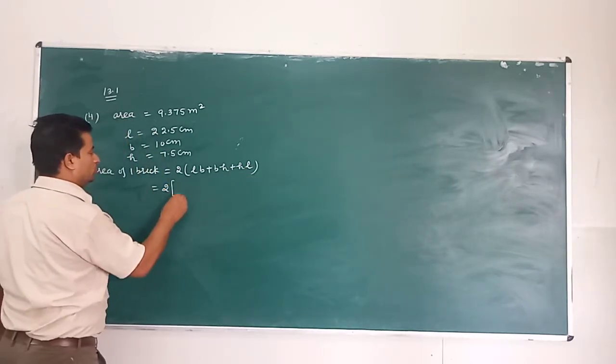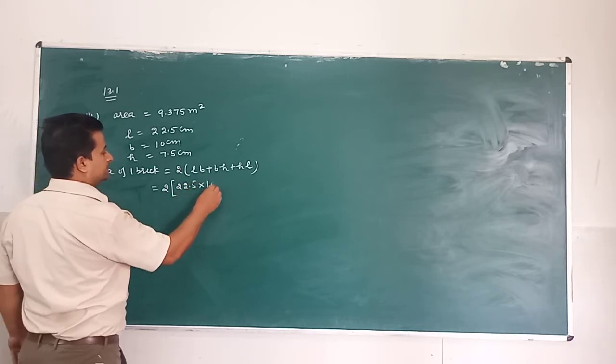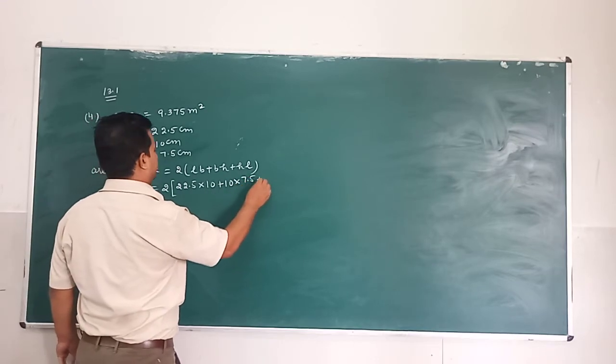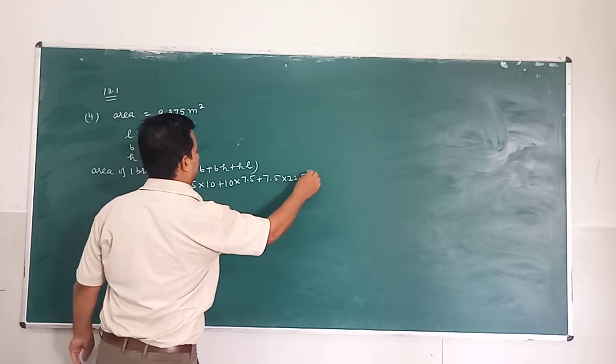So this is 2 times, L is 22.5, B is 10, plus 10, H is 7.5, plus 7.5 into 22.5.